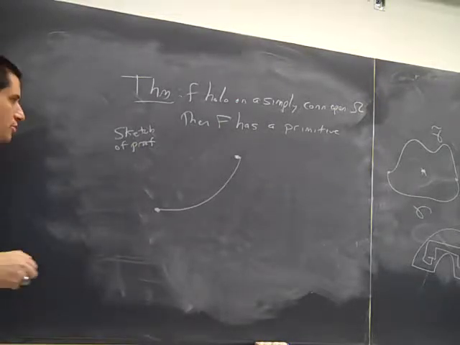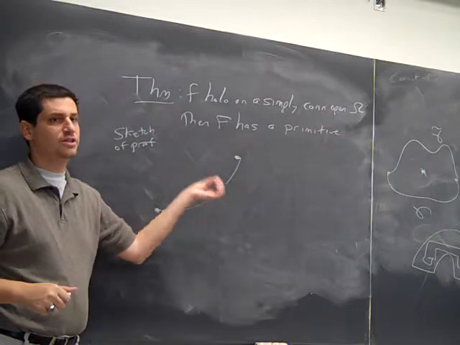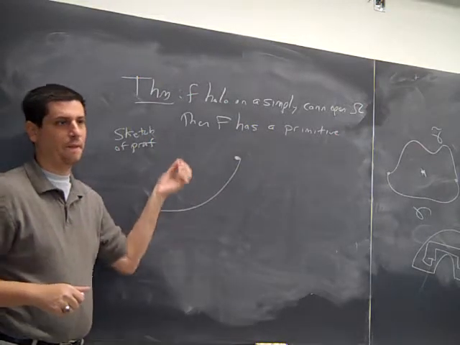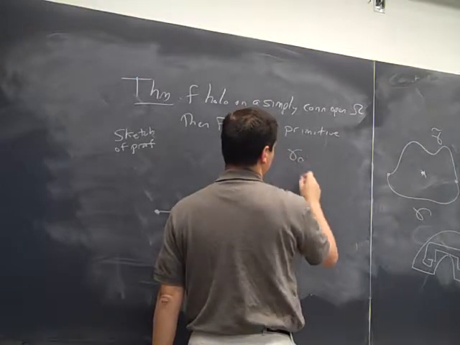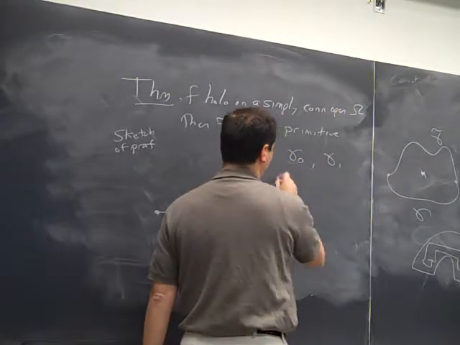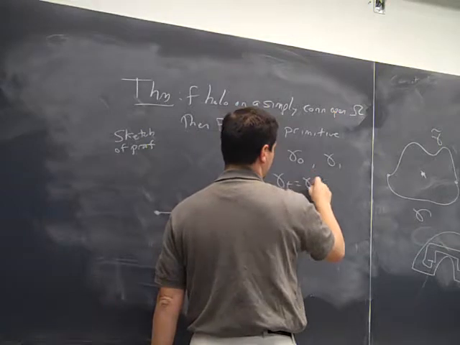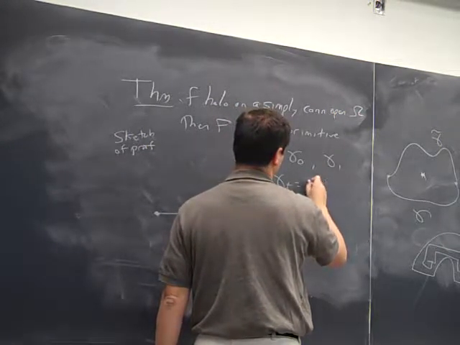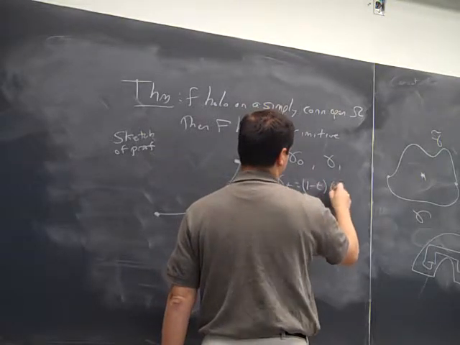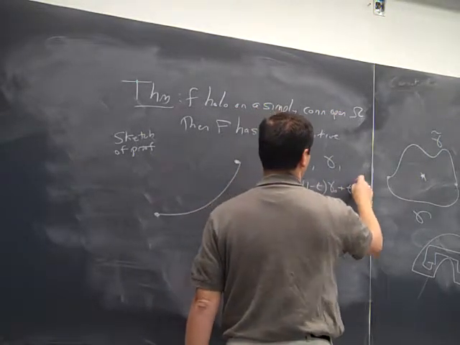So the main idea is if you have 2 different curves, you look at a continuous deformation. Frequently, you might be able to do something nice. Maybe you have the curve gamma 0 and the curve gamma 1. Maybe you can let gamma t be (1 minus t) gamma 0 plus t gamma 1.